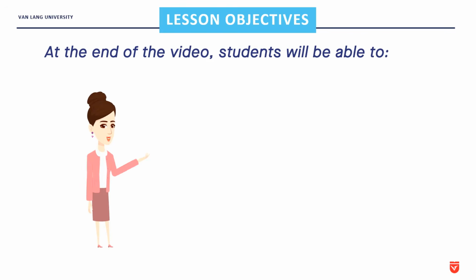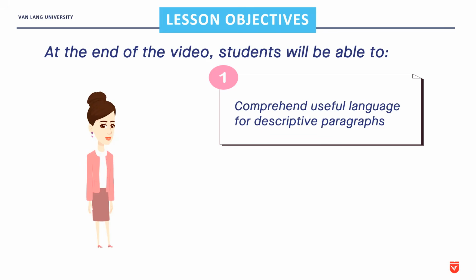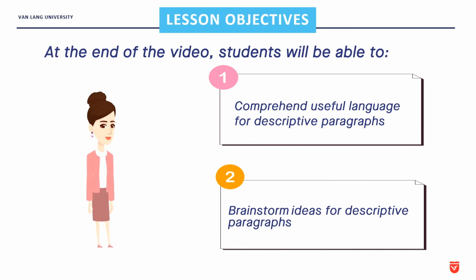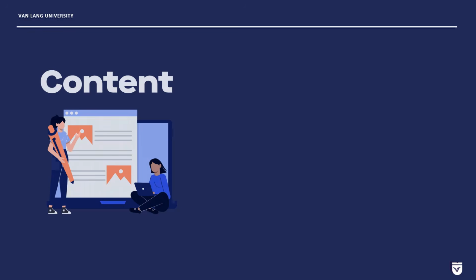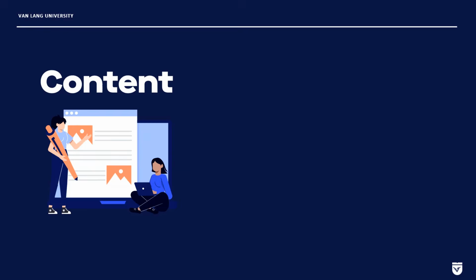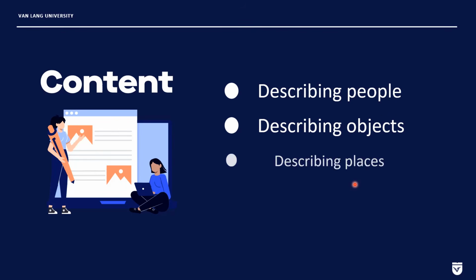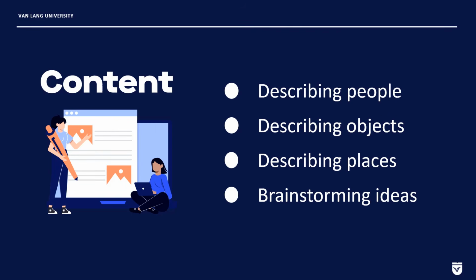At the end of the video, you will be able to comprehend useful language for descriptive paragraphs and brainstorm ideas for descriptive paragraphs. In this video, you will learn some new words to describe people, objects, and places, and then you will practice brainstorming ideas for a descriptive essay.